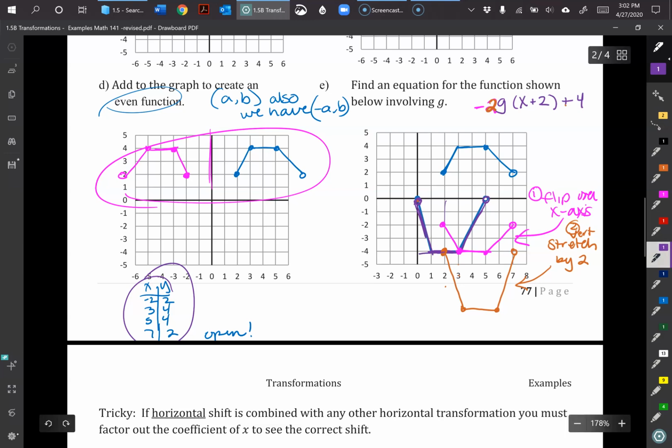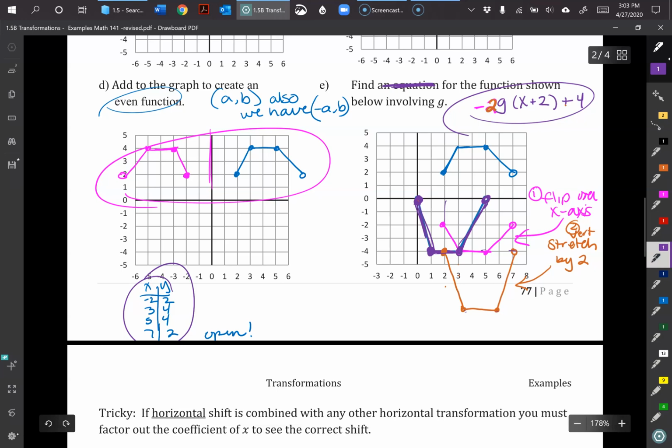So I went over 2, up 4, and I get that point. Over 2, up 4, I get this corner. Over 2, up 4, I get this corner. And over 2, up 4, I get that open circle. So that's my final thing. My equation works, or not equation, I guess it's a rule.